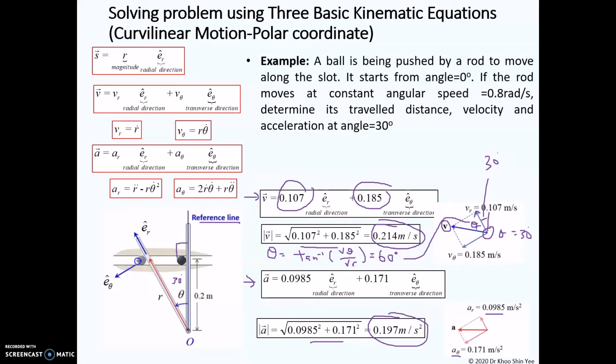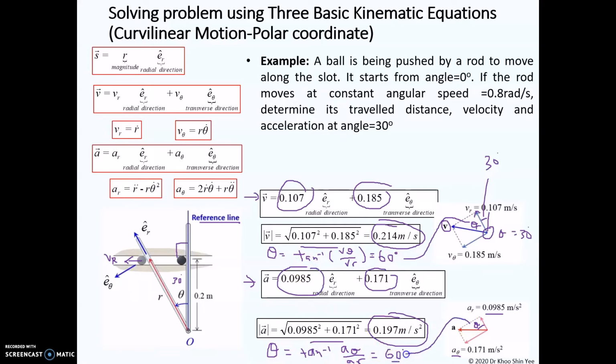With that, the resultant velocity can be found in this direction, and the resultant velocity is always tangent to the path. You can also find the direction of the acceleration, which is here, by using the same approach. By taking the arctangent of the transverse acceleration, which is this, divided by the radial acceleration, which is this, then you should obtain 60 degrees.